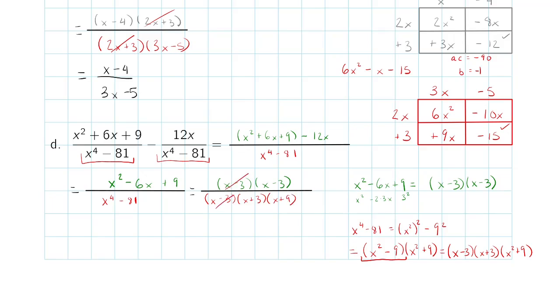An x minus 3 cancels out, and we're left with our simplified fraction as x minus 3 over x plus 3 times x squared plus 9. And again, probably we're going to leave that denominator in factored form.